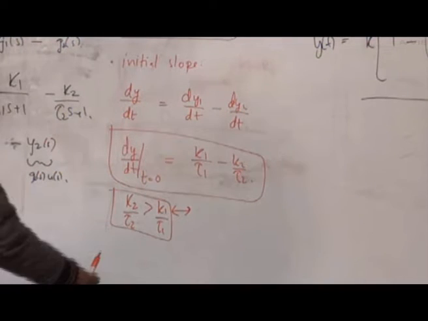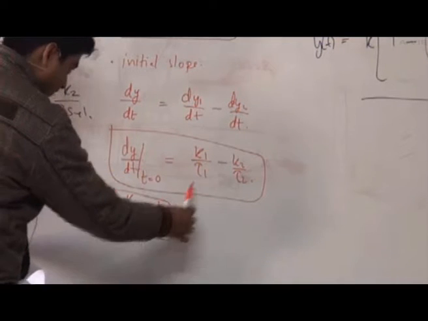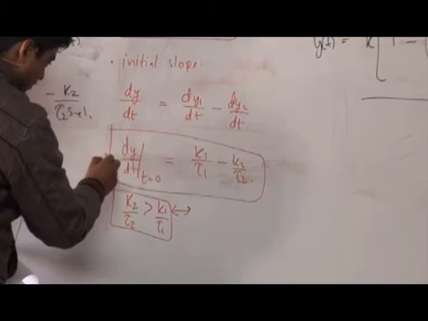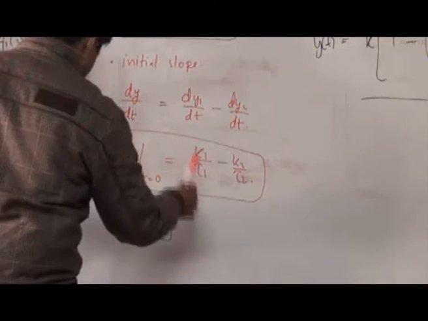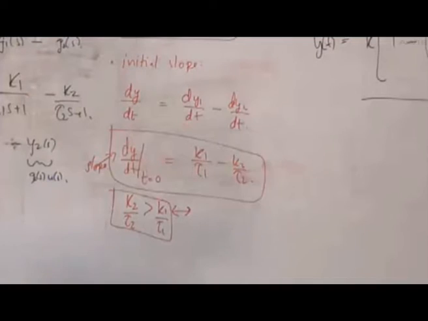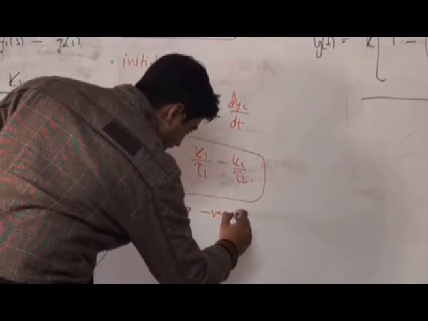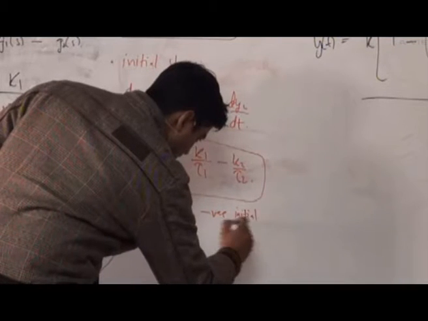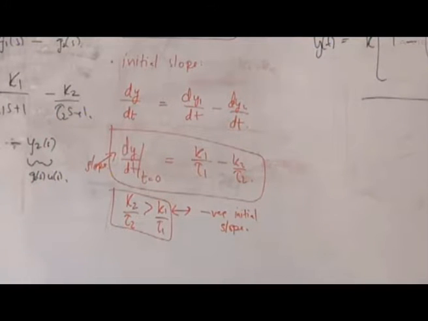You will see that the net initial slope, this is nothing but just the slope, right? The initial slope of the overall system response y(t), if I compute it, will be negative. That means the system will move firstly in the wrong direction.